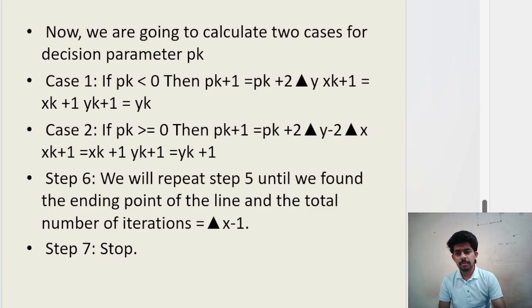Now let's move on to an example to understand it clearly, because reading the algorithm would not define it clearly. Step 6, we'll repeat step 5 until we find the ending point of the line. Here we can also count the total number of iterations, and step 7 is stop.